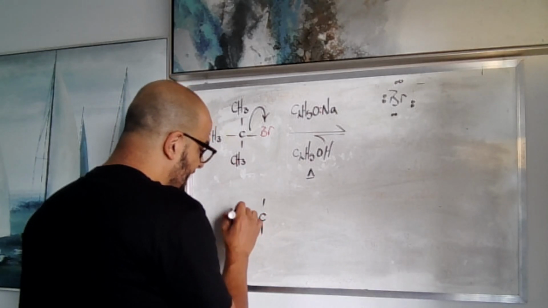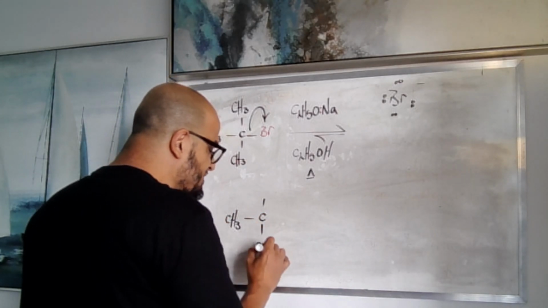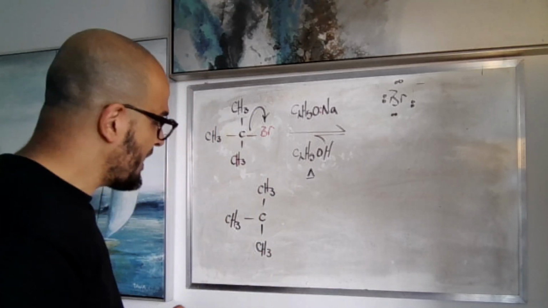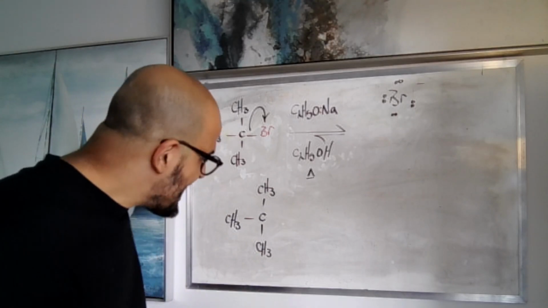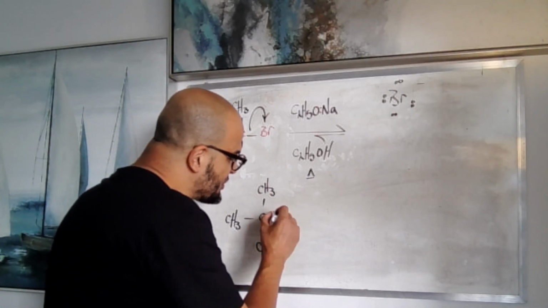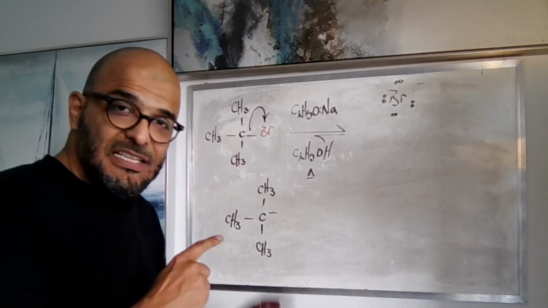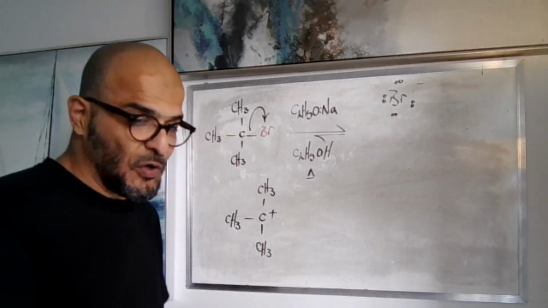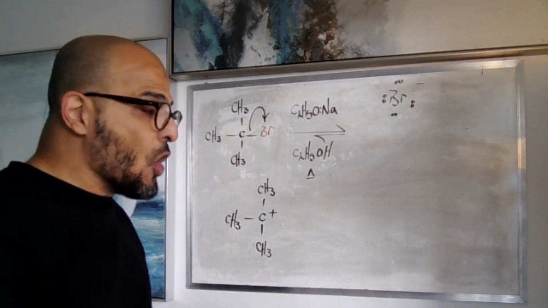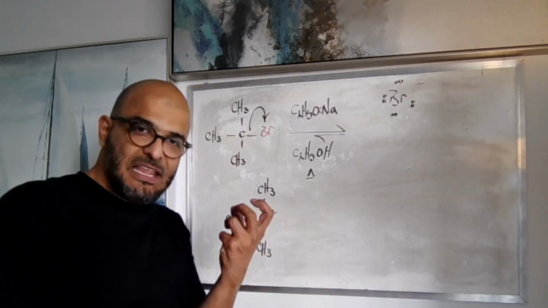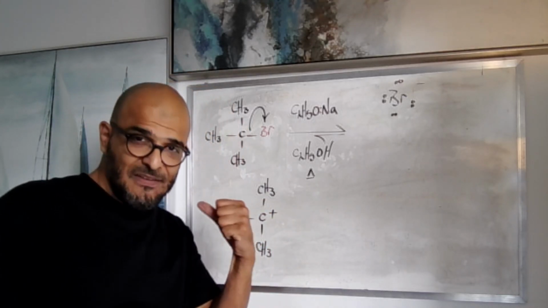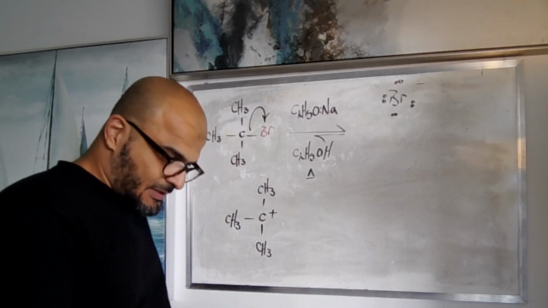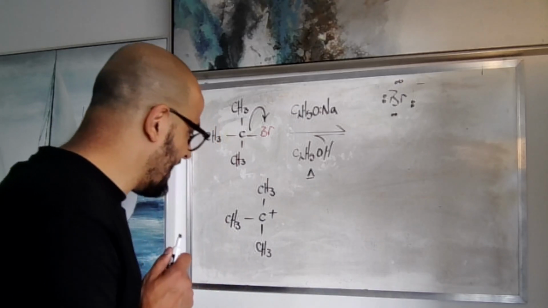Then we end up here, as previously, with this structure: the central carbon attached to 3 methyl groups, which becomes positively charged. I discussed in the previous lecture why it becomes positively charged, to form a carbocation or the electrophile. You know how to find the effective charge for it based on the previous tutorial. However, there is one minor thing that we have to discuss.